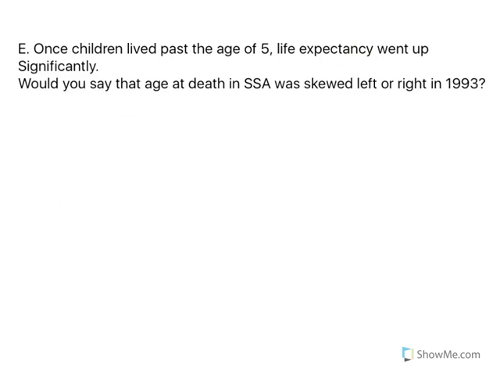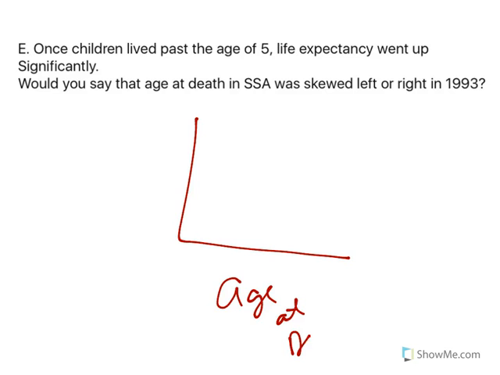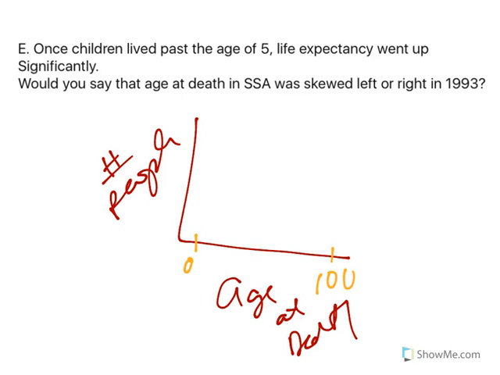Now, once children lived past the age of 5, life expectancy went up significantly. Would you say that age at death in sub-Saharan Africa was skewed left or right in 1993? Well, if we do age at death and we do the number of people that died, kind of like we did in an earlier example in a different video, we know that half the people that die are 5.